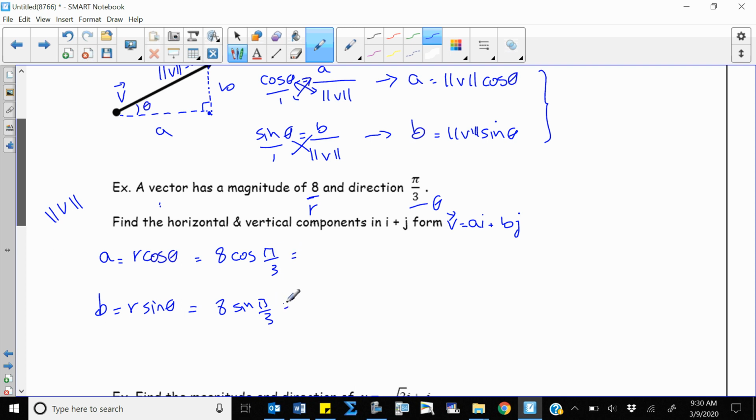So the only thing we need to know here is cosine of pi over 3 and sine of pi over 3. If you have forgotten how to find them, I'm going to explain how you can find sine and cosine of pi over 3. First of all, theta equal to pi over 3 is in radians. In degrees, it will be 180 divided by 3, which is 60. So the theta here is basically 60 degrees.